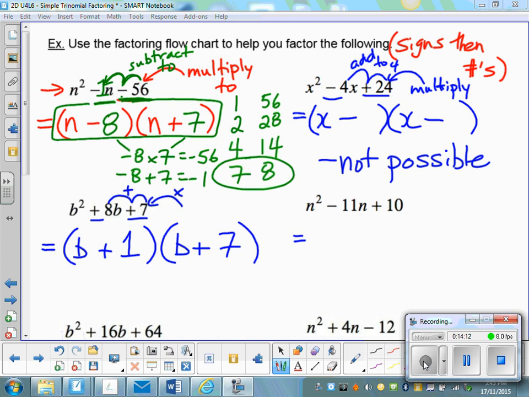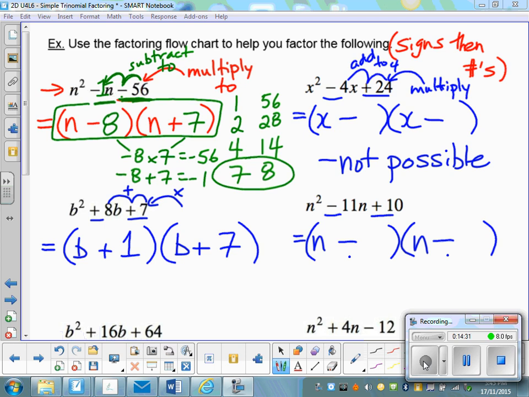Over here, do the signs first. We can put the ends in. Positive here, that means either both signs are positive here and here or negative. But because this middle sign is negative, we know that these two are going to be negative here.